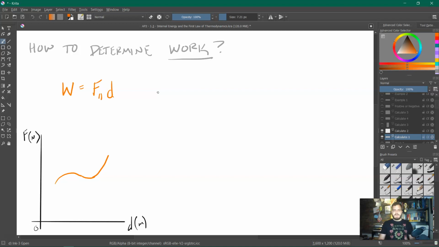And additionally, we talked about the fact that if we have a force versus distance graph with force in newtons and distance in meters, and some plot here, so the force is not constant, the area under that plot would be equal to the work, which makes sense because if we look at this area, we have one dimension times another dimension. If I look at the units, I have newtons. This unit is meters, newtons times meters. That is literally the unit of joules.